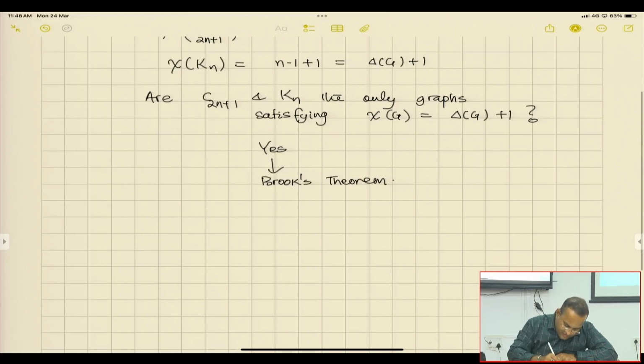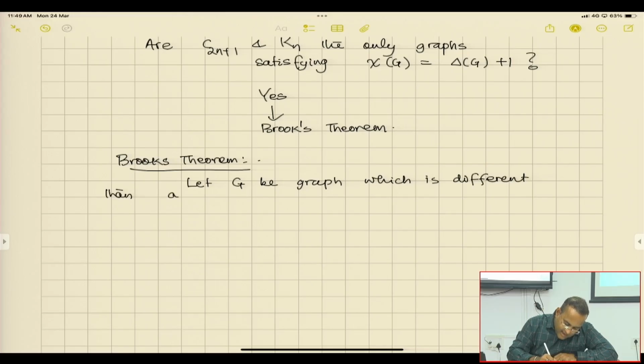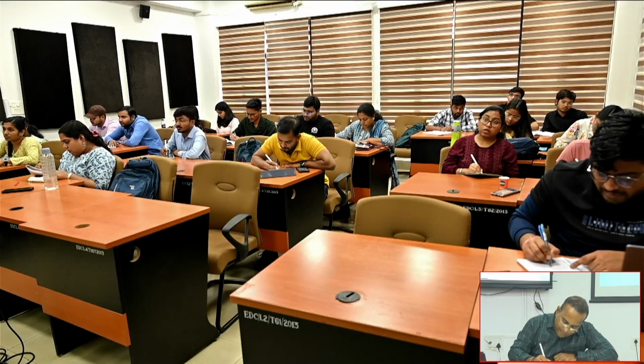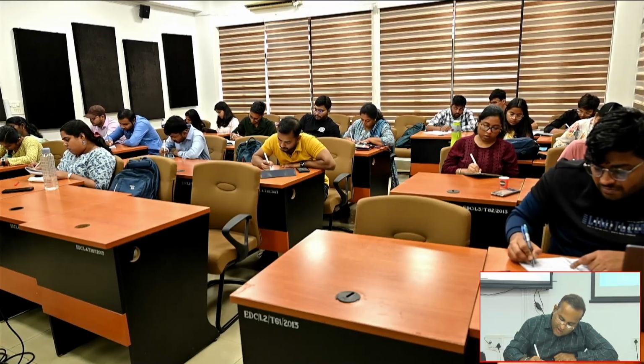And what does Brooks theorem say? Let G be a graph which is different than a complete graph or an odd cycle.